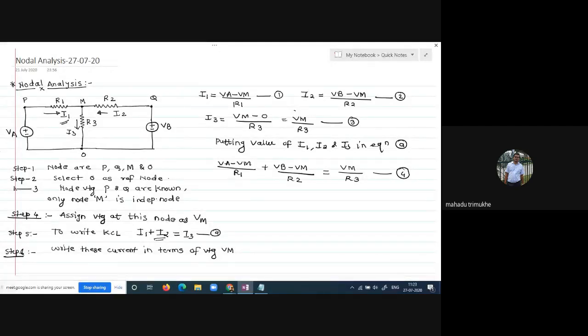Step number 7, solve the simultaneous equations and find out the voltage variable. To solve the simultaneous equations, take equation number 4 and find out the voltage variable. In this equation number 4, VA, VB, R1, R2, and R3 are known.